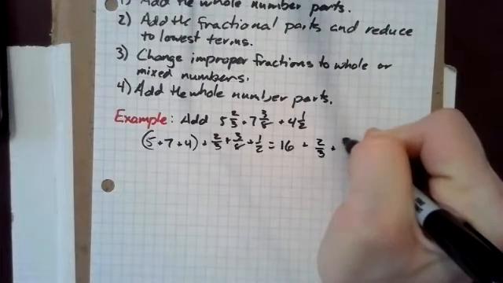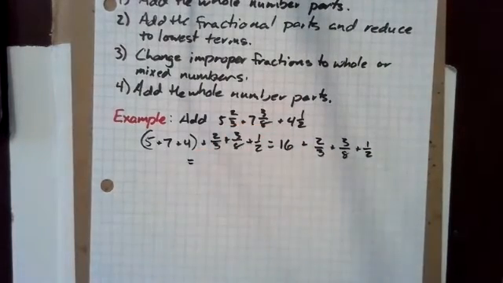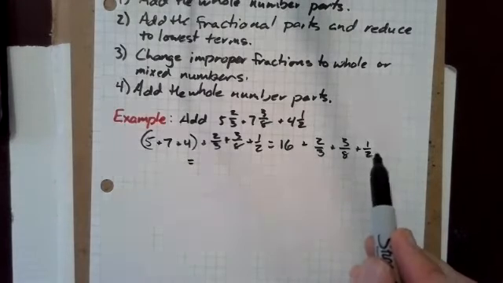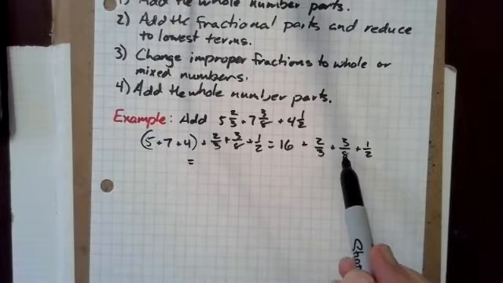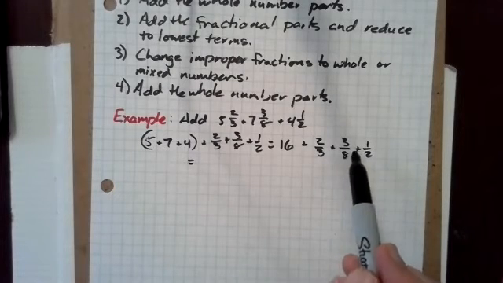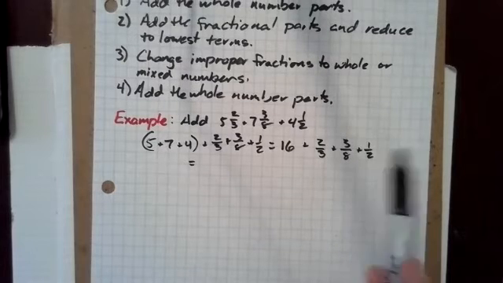Now we need to find the least common denominator here. The least common denominator is going to be 24, because 3 and 8 share no factors. So we'll have to multiply those together to get to the least common denominator.